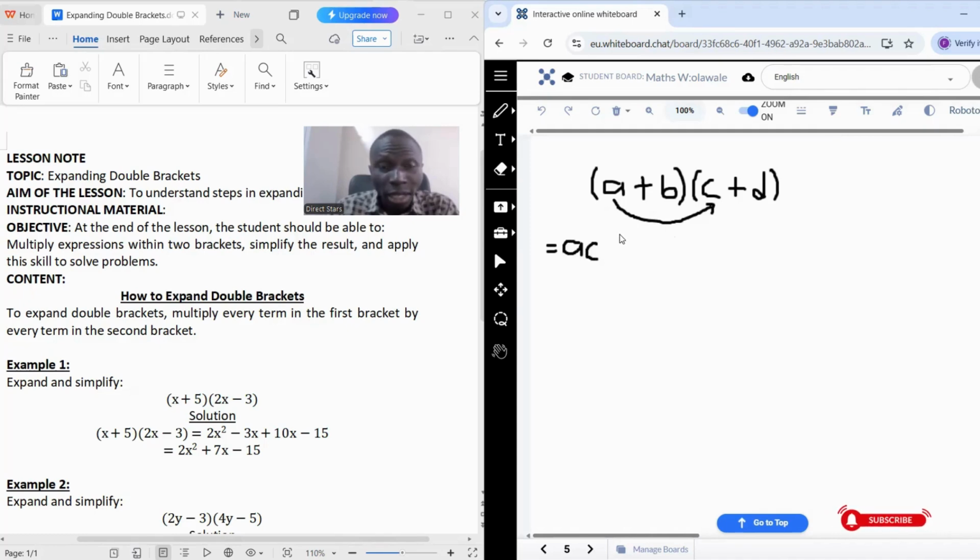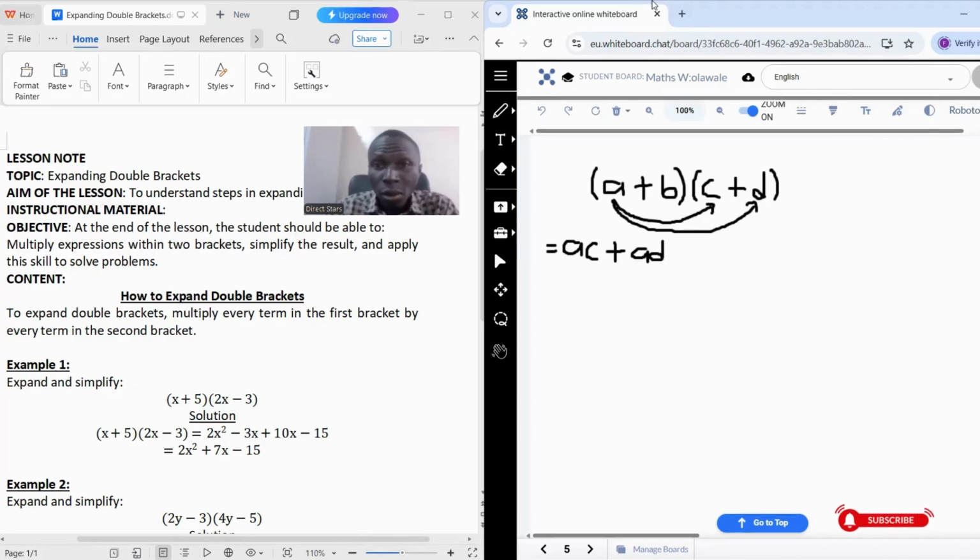Still using the first term in the first bracket, we multiply all the terms in the second bracket. So that's A multiplied by D, which is plus AD. Now we use the second term in the first bracket to multiply all the terms in the second bracket.